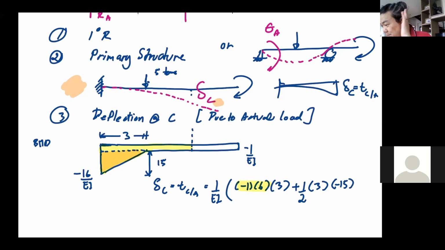And we take the moment with respect to point C. So that is going to be our moment arm. So that's 5. And to help you see better, this is this. Okay. So it's easier. And this is minus 130.5 over EI.